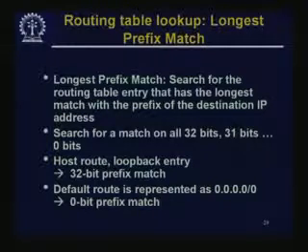Now, as I said, we want to minimize the size of the routing table. So, another thing which is done is to use a longest prefix match. Now, what is longest prefix match? Search for the routing table entry that has the longest match with the prefix of the destination IP address. That means, search for a match on all 32 bits. As I said, the IP address contains 4 integers less than 256, meaning 4 bytes, which is 32 bits.